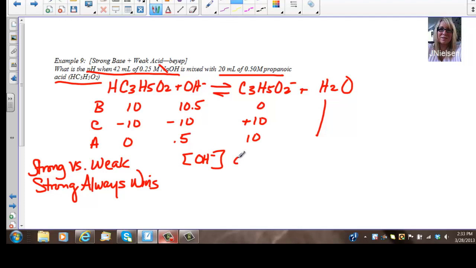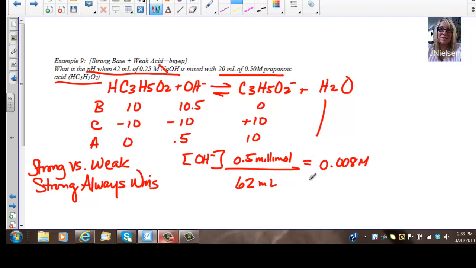So I've got millimoles here, 0.5 millimoles over a total of 20, 42, 62 milliliters. 0.5 divided by 62 is 0.008 molar.